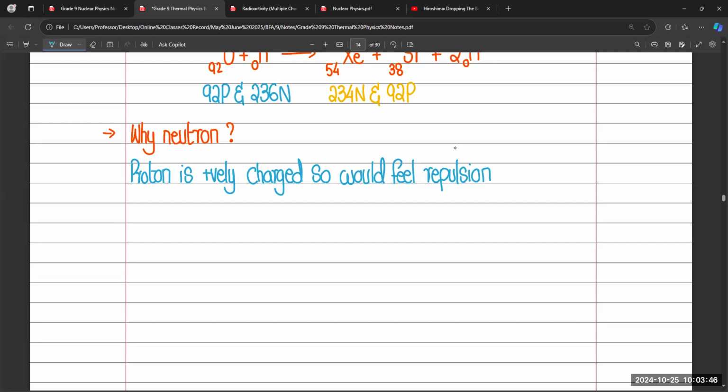We discussed in the Rutherford experiment that the nucleus is positively charged. So if we strike a positively charged particle, definitely a positively charged particle feels repulsion. And to insert that proton, we require high energy because it is just like combining two elements which are trying to oppose each other. So that's why it is difficult and more energy will be needed.